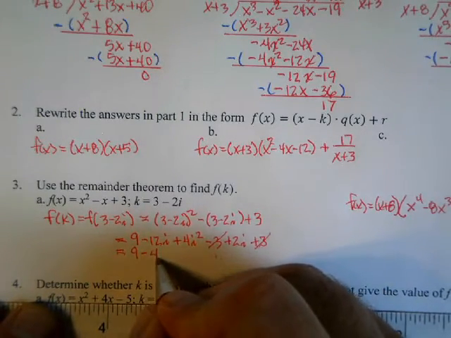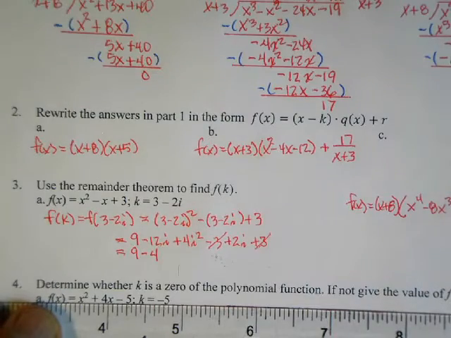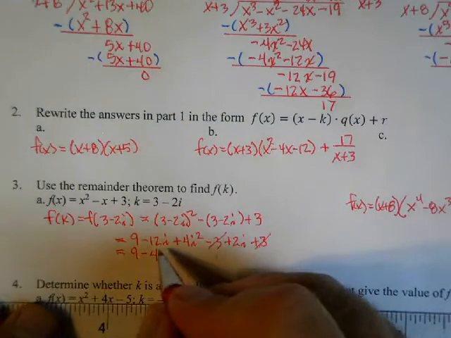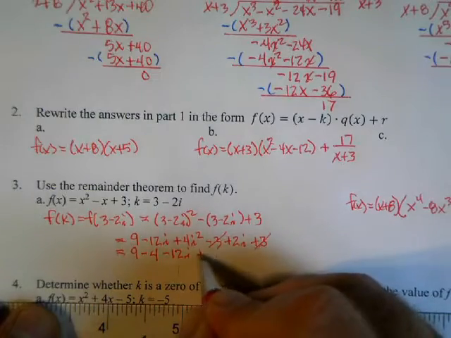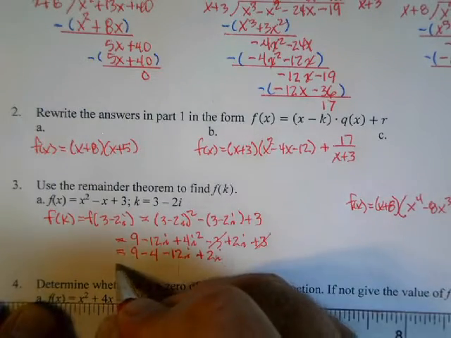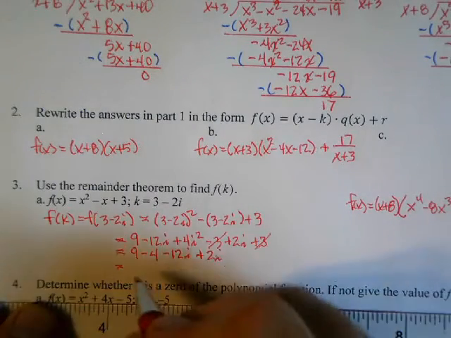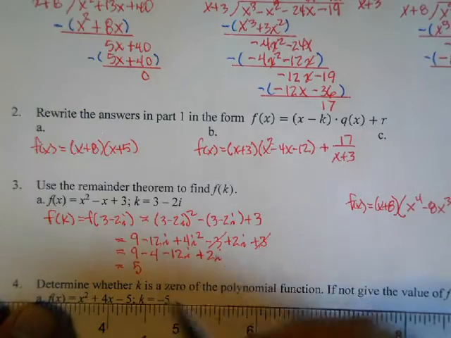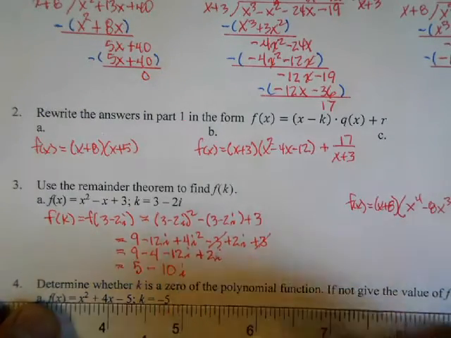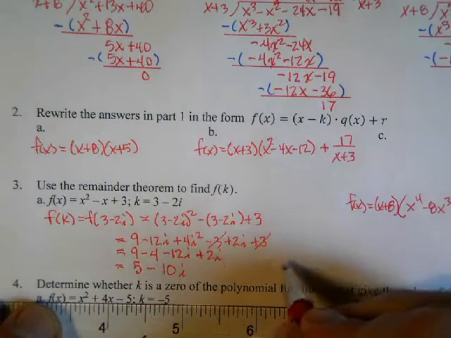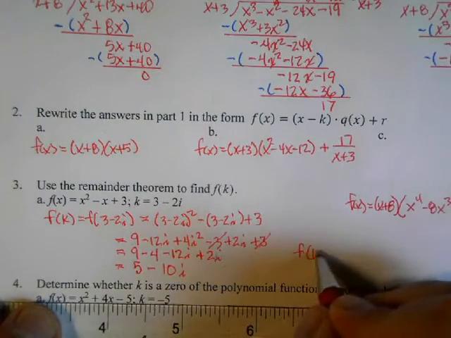And then I also have the negative 12i and the plus 2i. And so putting those things together, I'm left with 5, subtract 10i. So my f of k was 5 minus 10i.